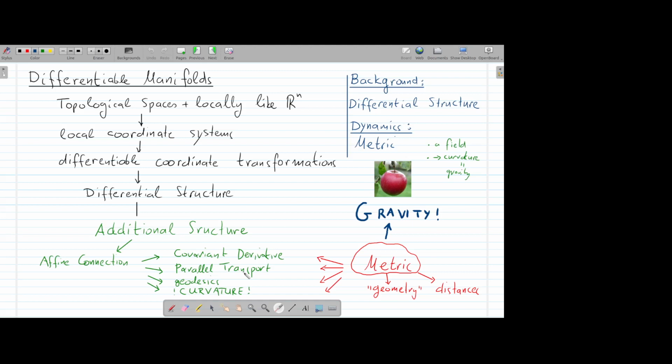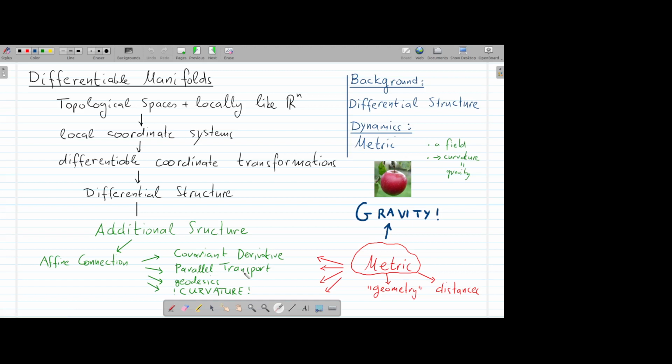The metric gives us the dynamics of gravity. We have to understand this. When we do the classical general theory of relativity, we choose a manifold with its differentiable structure as a background. This does not change. But then we consider this additional structure endowed by the metric.